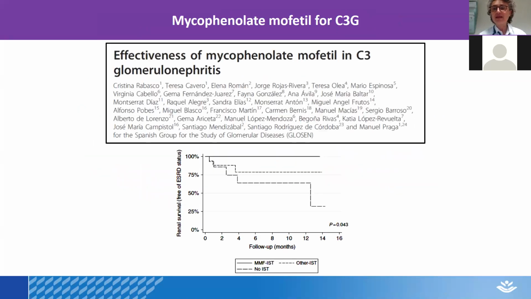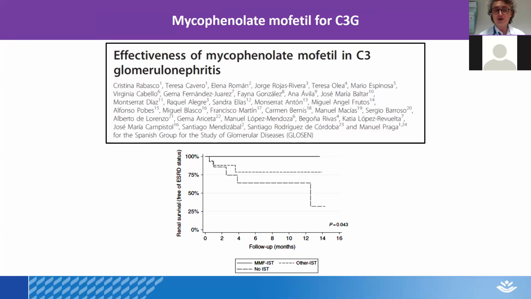So one thing that I wanted to talk about is mycophenolate mofetil, because it is really highly effective in a lot of patients with C3 glomerulopathy. I think this is particularly true in children, which is, for me, the population that I deal with. But this paper was published in 2015, and a subsequent paper has just been published this year by this same Spanish group, and other papers publishing similar data from the United States have also been produced.